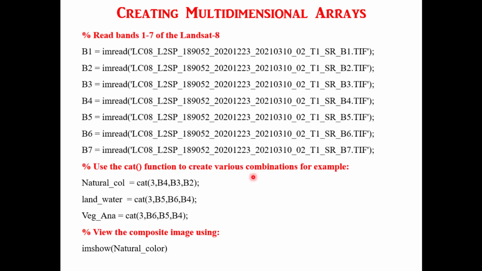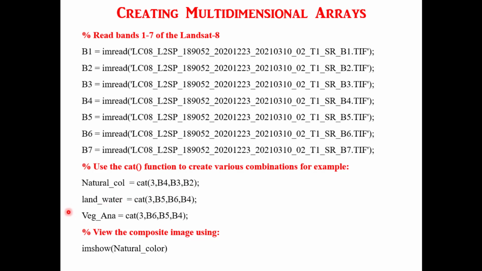Here's an example. We read bands 1 to 7 of Landsat 8 image using the imread function in MATLAB, from band 1 to band 7. And then we use the cat function to create various combinations. For example, if we want the natural color combination, we concatenate in the third dimension band 4, band 3, band 2.